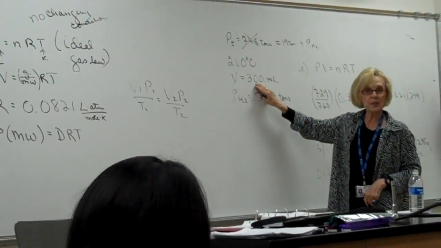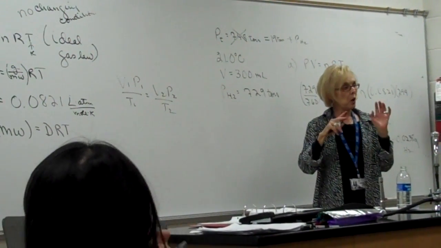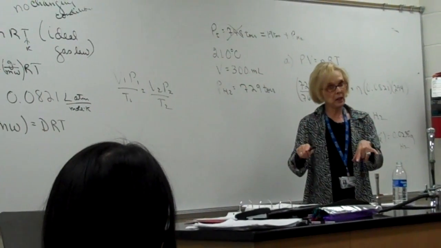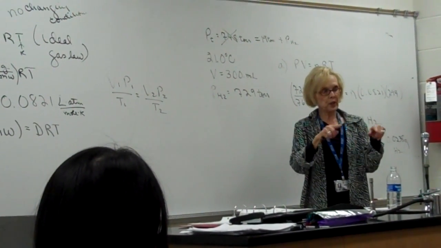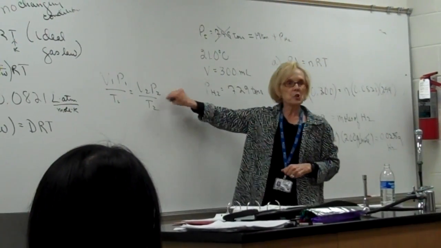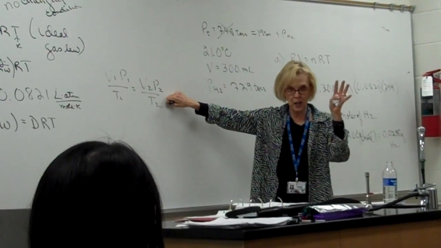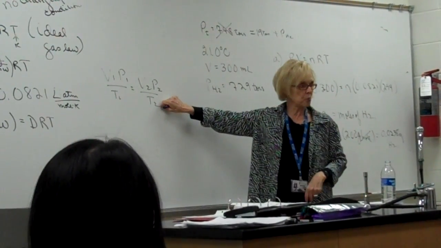And this is the volume with this condition and this condition. Now they're saying, what would the volume have been if you were in a laboratory that was exactly standard? So I asked the question, do you see changing conditions? And people said, yes. Okay, that means this is what we need.